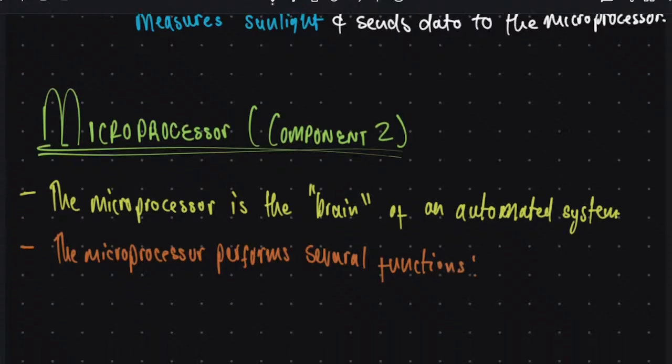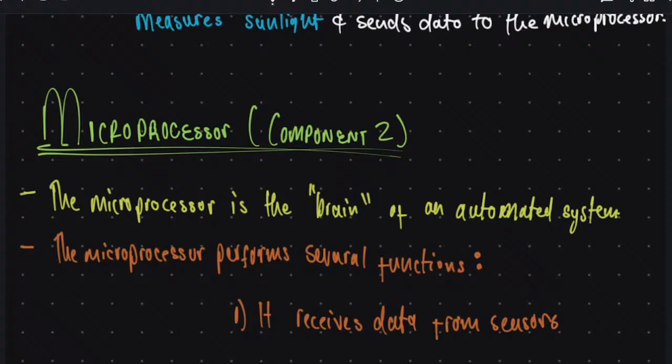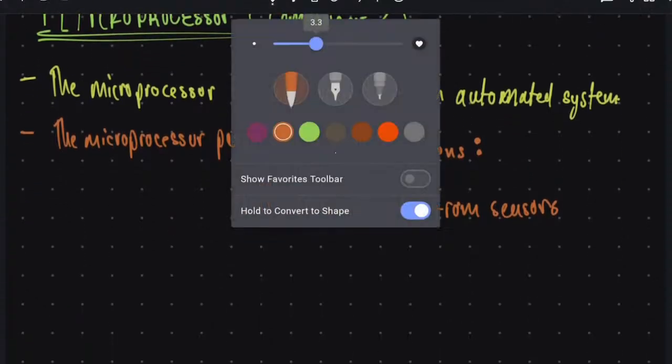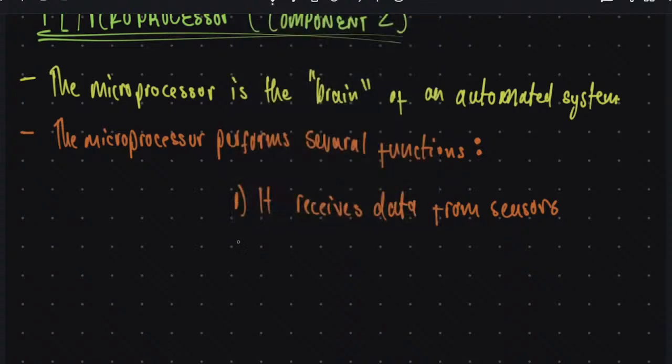One, it receives data from sensors. Sensors collect the data and send it as an input to the microprocessor. The microprocessor should be able to receive the data from the sensors, and then it processes the data.